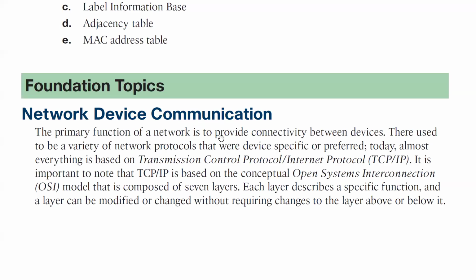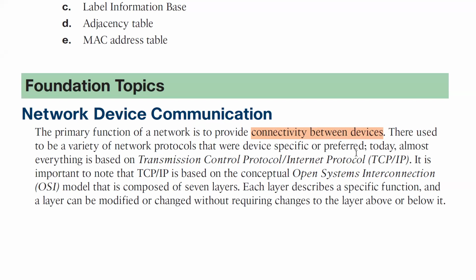So the primary function of a network is to provide what? It is to provide connectivity between devices. There used to be a variety of network protocols that were specific or preferred. There was a time when there were proprietary protocols. All the manufacturers used to have their own protocols for their devices.